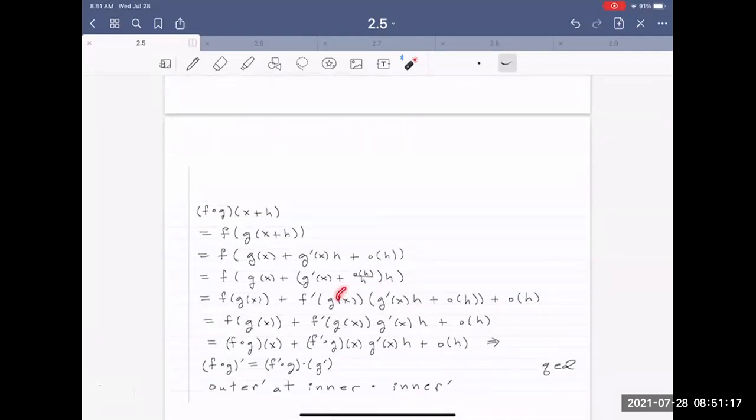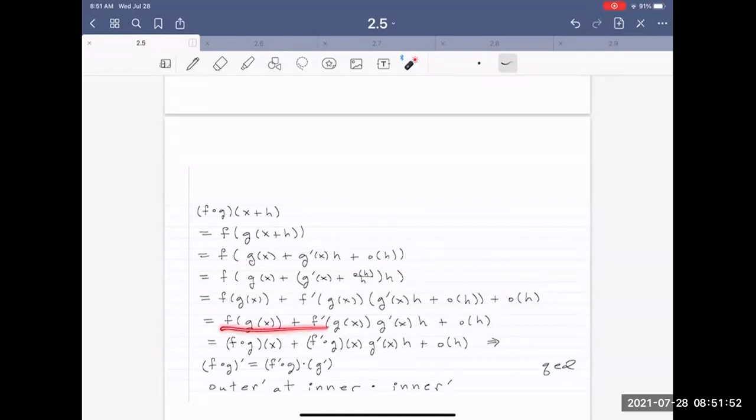And so let me simplify this. So let's multiply this inside the parentheses. And so I have that this is equal to f evaluated at g of x, plus, well, this term, f prime evaluated at g of x, times g prime of x times h, plus, well, this times little o of h is little o of h, plus another little o of h is little o of h.